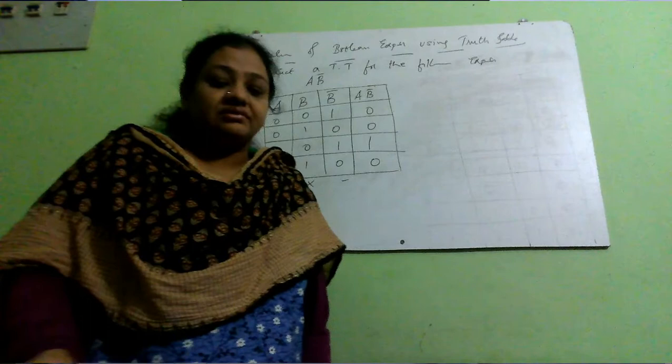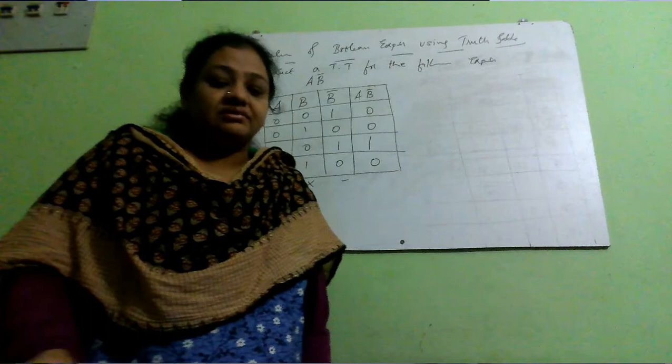So we are ANDing A and B bar, not B. So 0 ANDed with 1 is 0. 0 ANDed with 0 is 0. 1 and 1 is 1. 1 ANDed with 0 is 0. Therefore, this is the way how we can draw the truth table for A, B bar.